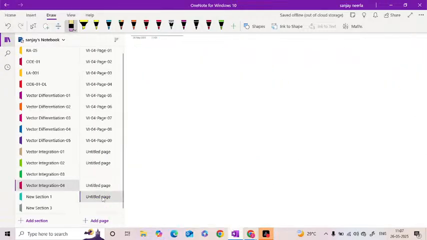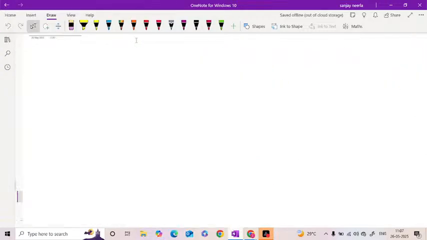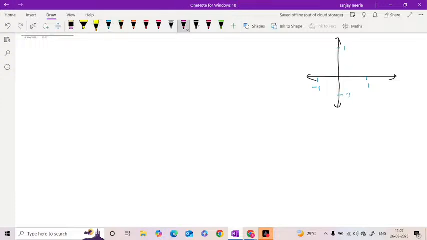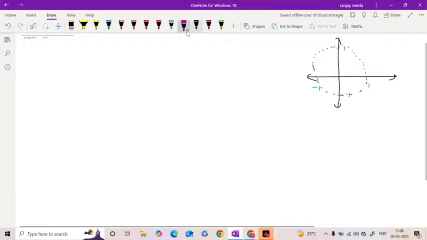Now same. So assume this is the y-axis, this is the x-axis, and we know the given curve is the unit circle, and we want to find the arc length. This arc length. So we know the answer, it is pi by 2, and previously we have calculated in terms of x.